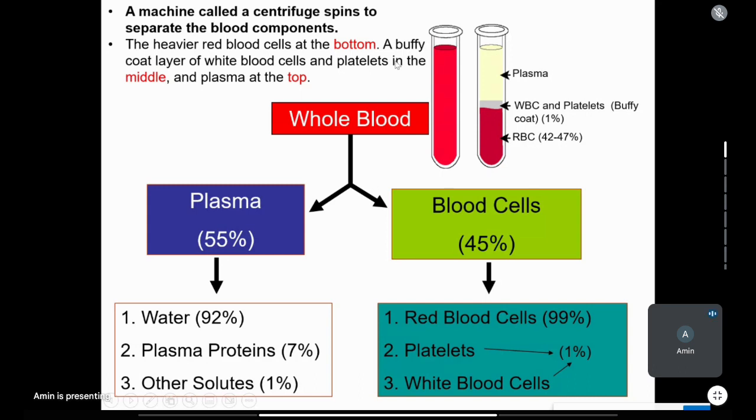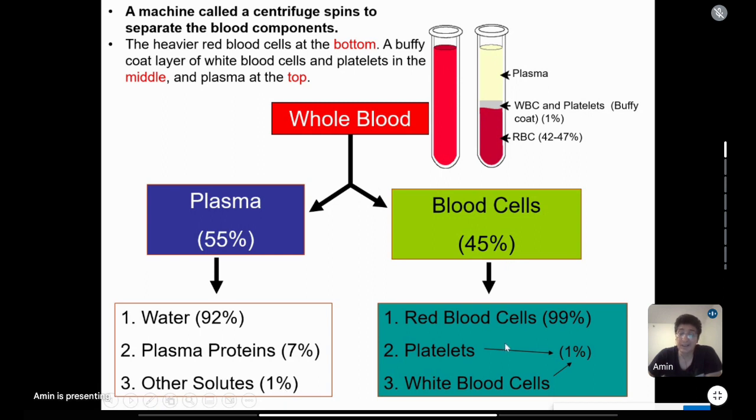The volume of plasma in whole blood tissue is about 55%, and blood cells about 45%. You can see here plasma water about 92%, plasma proteins about 7%, and other solids about 1%.